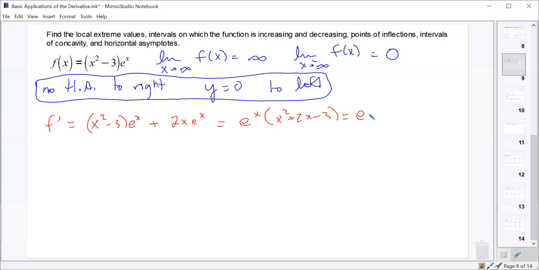And we can factor that into e to the x times x plus 3, x minus 1, which we know will never be undefined, but we can figure out that it equals 0 when x is negative 3 and when x is 1.